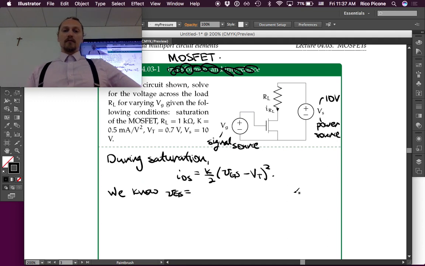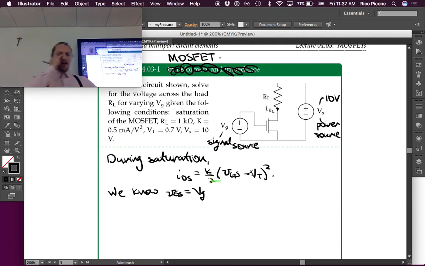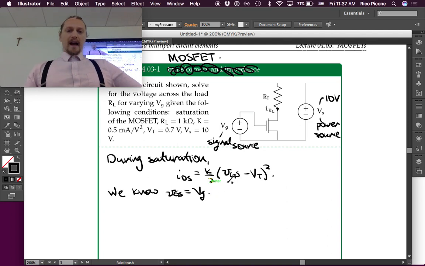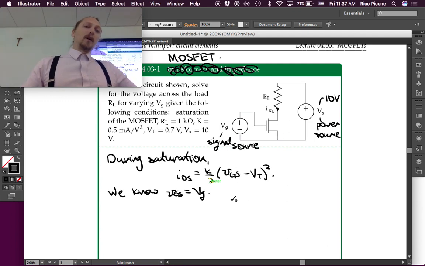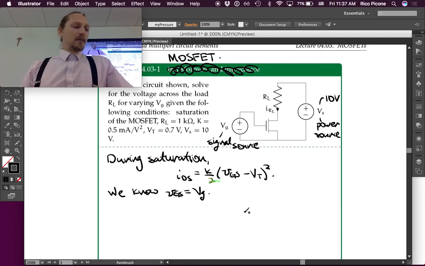It's just VG, right? And we want VG as part of our solution. We want to know how the voltage across the load resistor varies when we vary VG, so that's good. So we have what the current IDS through the MOSFET is, when we're in saturation, in terms of the variable we want to know our answer in terms of. So we're doing all right so far.